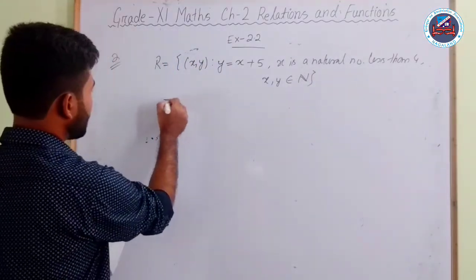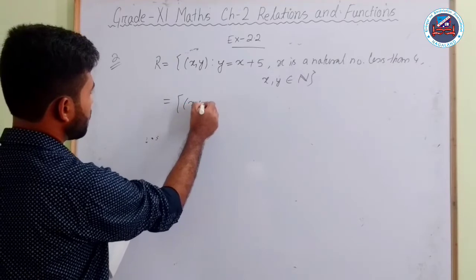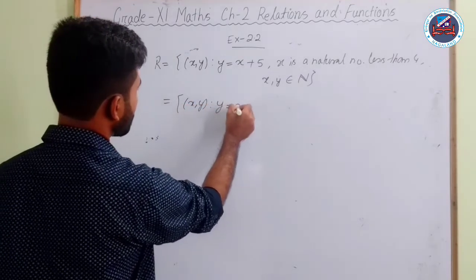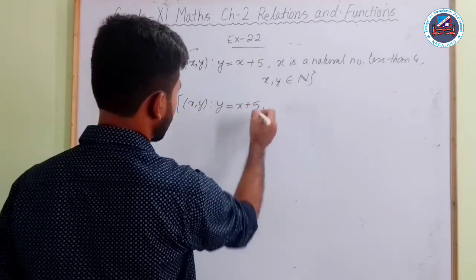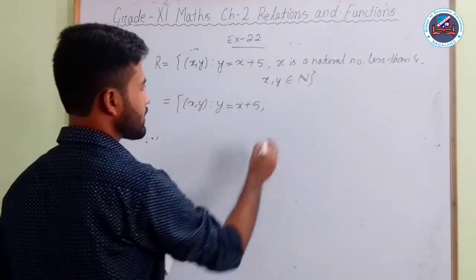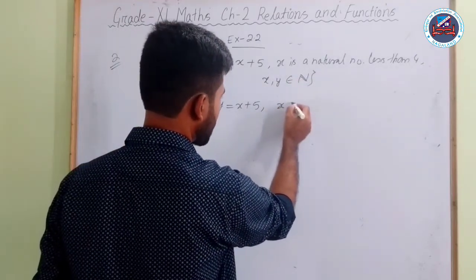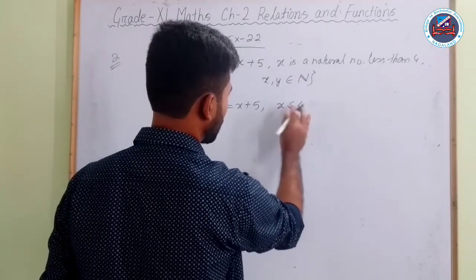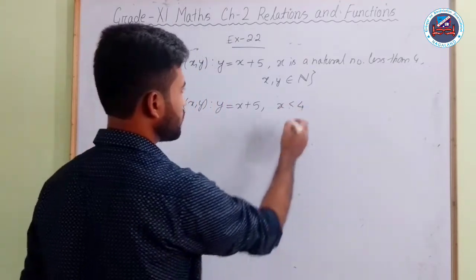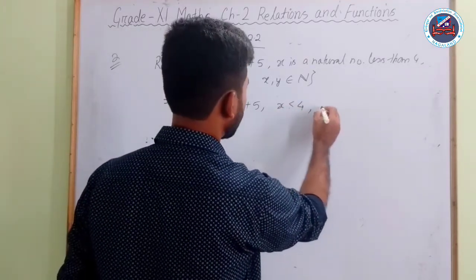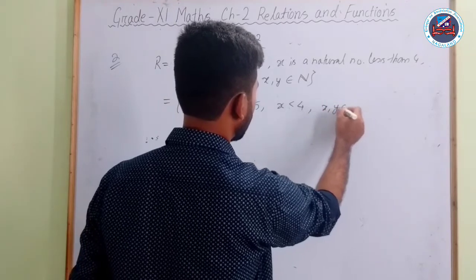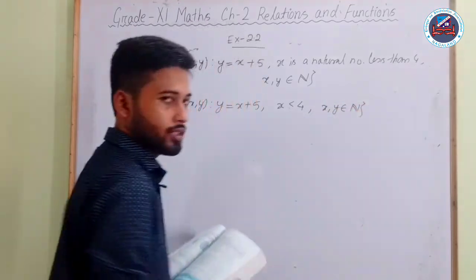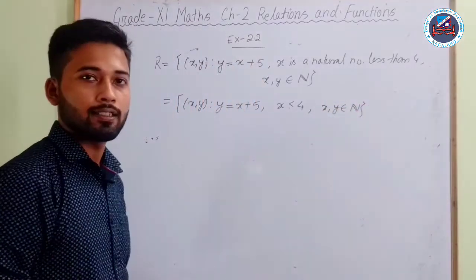Now how can we write this in an alternate form? {(x, y): y = x + 5, x is a natural number less than 4}. That means x is less than 4, not equal to 4, and (x, y) belongs to the set of natural numbers. So alternately I can write it like this.